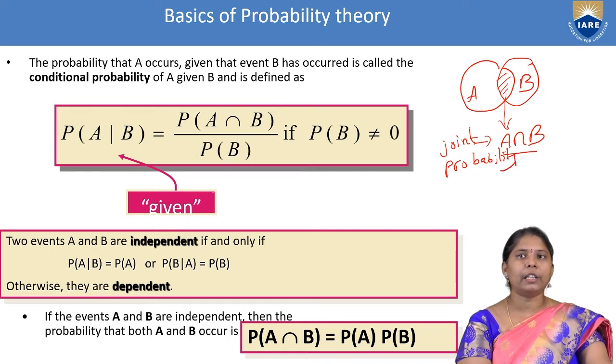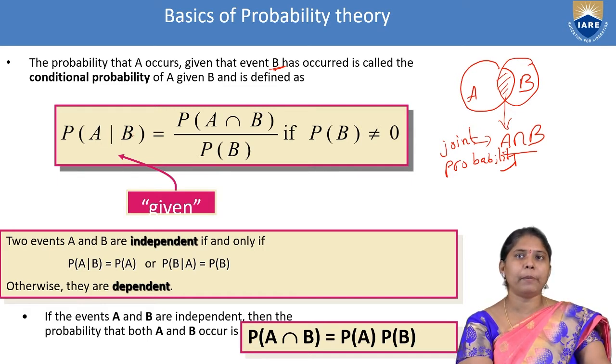Now what is conditional probability? Suppose an event A depends on an event B. That means event A will happen only after event B has occurred. What is the meaning of A given B? Here a condition is there. A given B means event A will happen only after B happens.